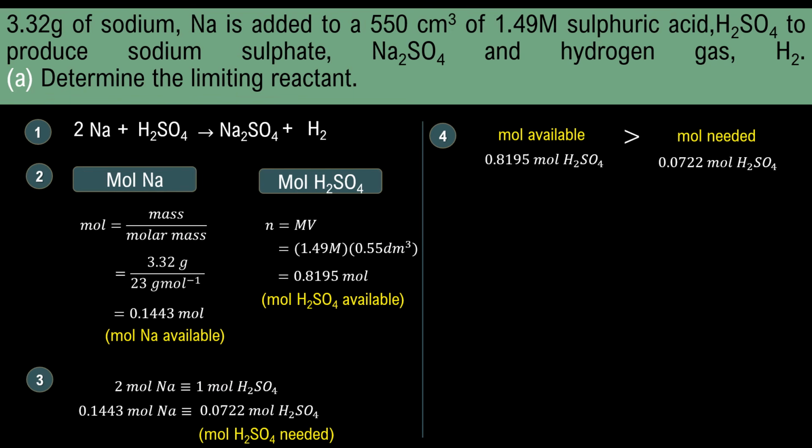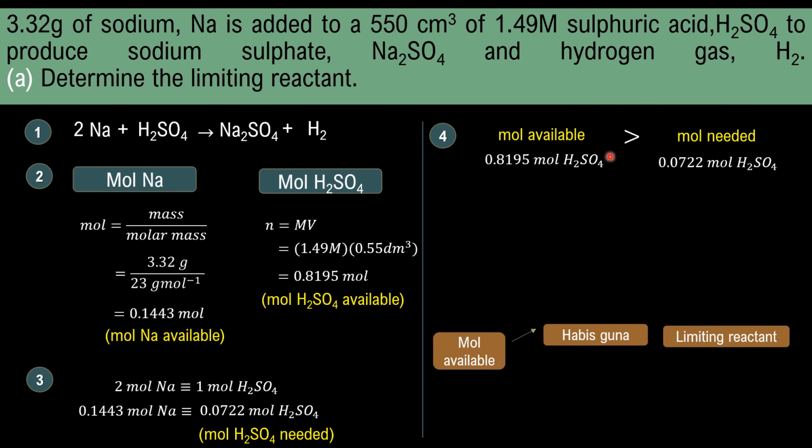Back to our question, tengok dekat mole available ni. Kalaulah H2SO4 yang available ni, kita habis guna masa tindak balas, so H2SO4 tu adalah limiting reactant. Tapi kalau H2SO4 ni, kita tak habis guna masa tindak balas, so H2SO4 ni adalah excess reactant. So tengoklah kepada mole available. So H2SO4 yang kita ada adalah 0.8.